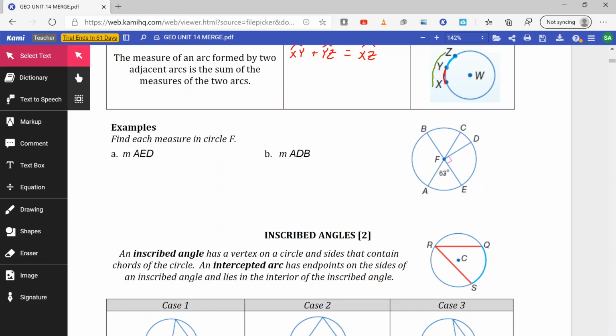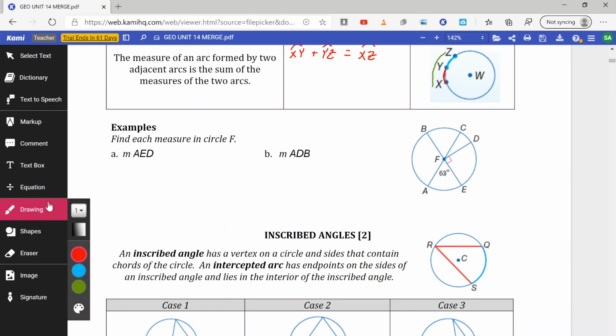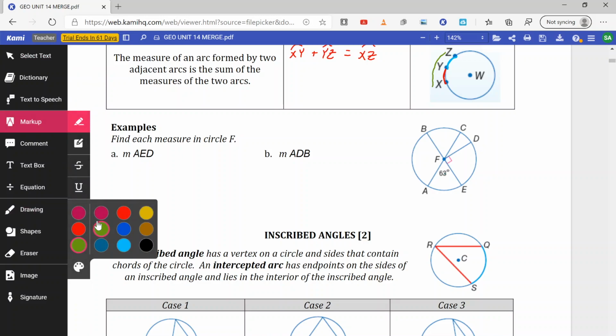So first, let's take a look at arc AED. So arc AED is here. So we are told we have an angle measurement of 63 degrees. We have a right angle. For that, all we have to do is add them together. 63 plus 90.